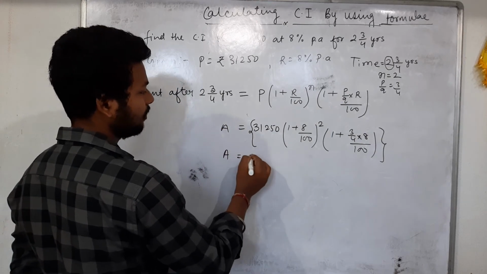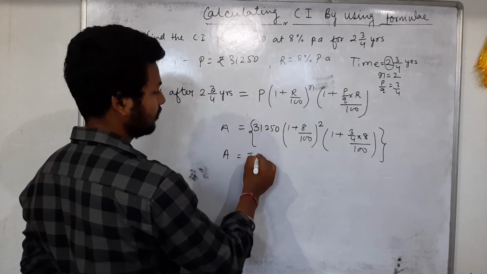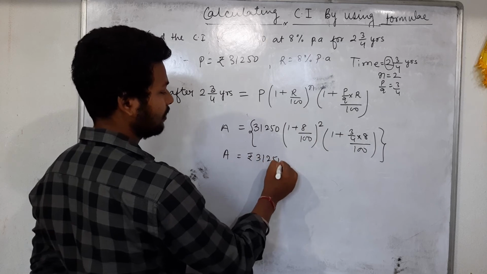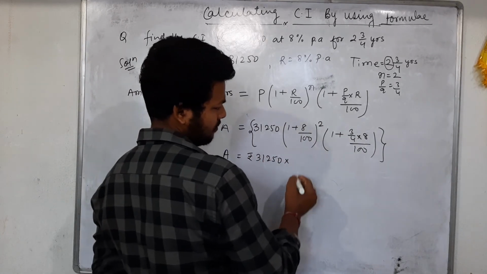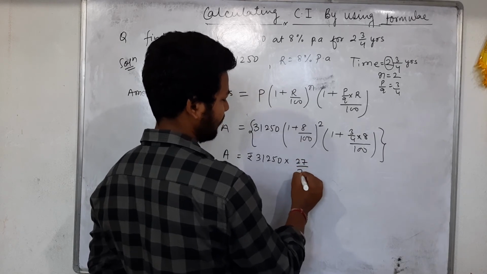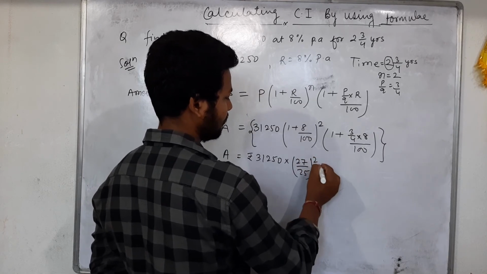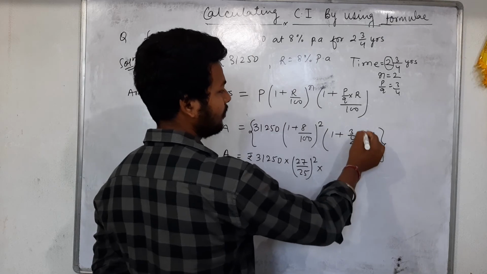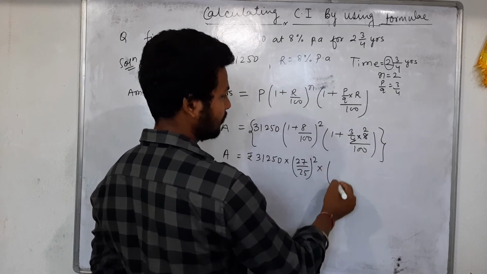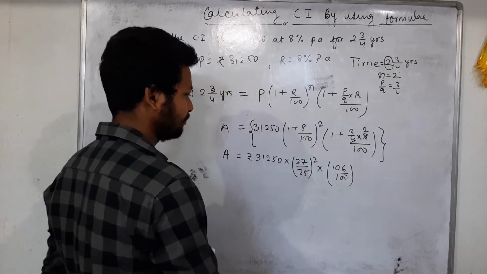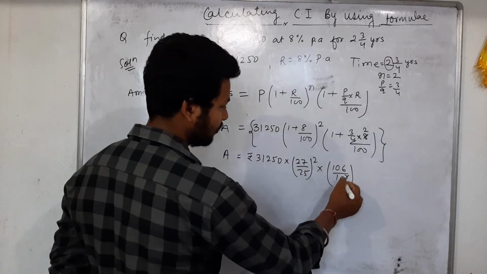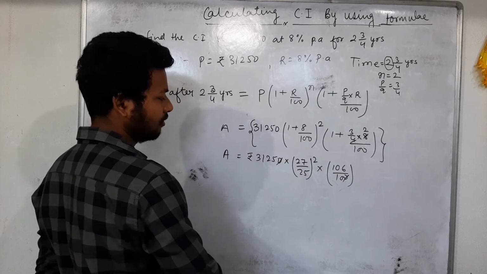The amount is equal to rupees 31250 into 27/25 whole square into 1 plus 2 times 3 is 6, so it becomes 106/100. Now 10 and 10 cancel out.